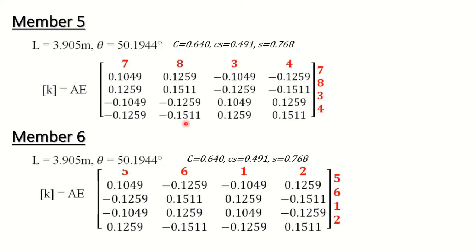On substituting in that rotation matrix, we'll be able to get this stiffness matrix. The member length of 3.905 meters has been divided into all of these. So this will be the stiffness matrix for member number 5 and for member number 6.